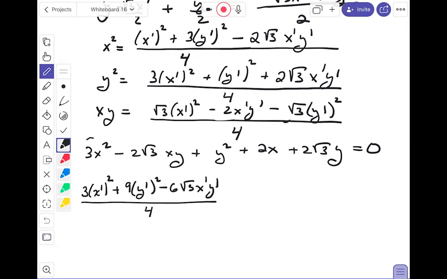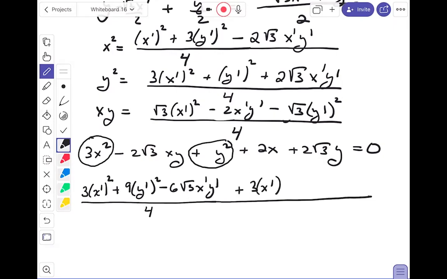I did this. Now I want to put this down. Plus y squared. Well, I already have that written down. So it's going to be plus 3x prime squared plus y prime squared plus 2 root 3 x prime y prime. Yeah, it's a lot of work. No doubt about it.